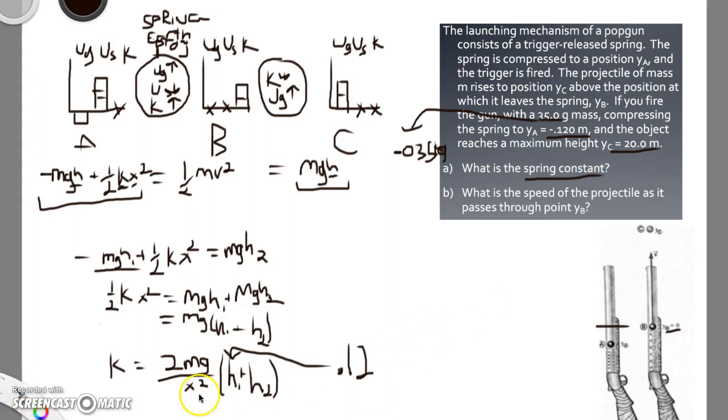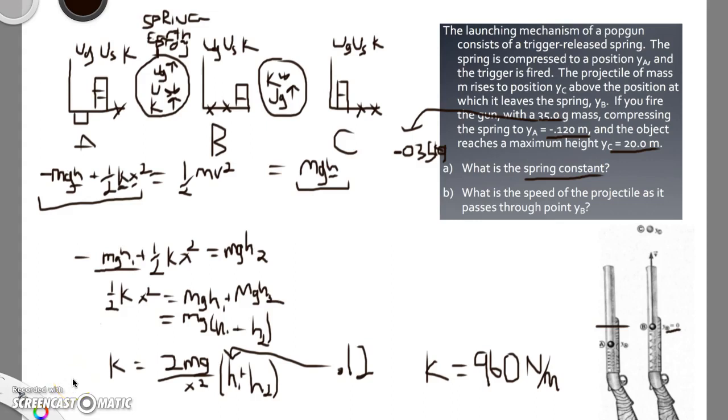After punching that all in, you should get that K is equal to about 960 newtons per meter. So that would be how stiff the spring is. It would require 960 newtons to compress it 1 meter.